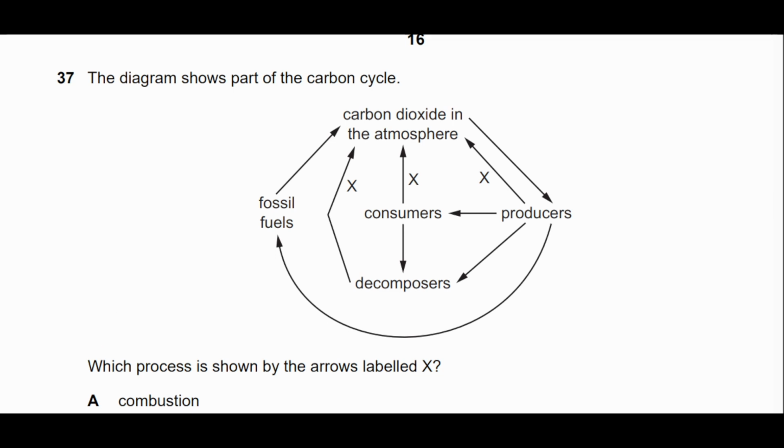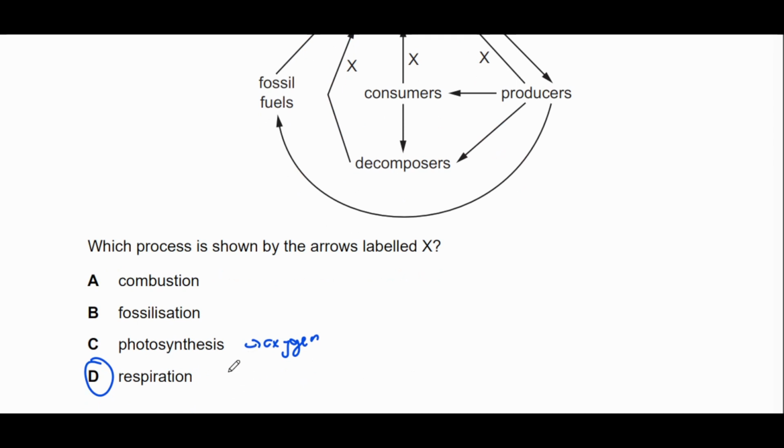Photosynthesis releases oxygen. Okay. Fossilization won't release carbon dioxide into the atmosphere. Combustion would, but it's less likely, right? The answer is D. The combustion by a decomposer is very, very small. The effect would not be as big as the respiration that they do, okay?